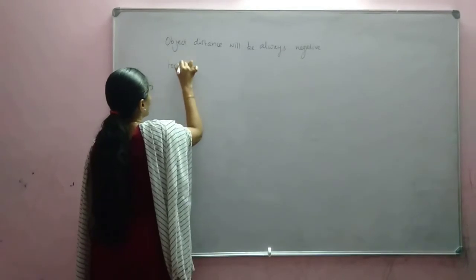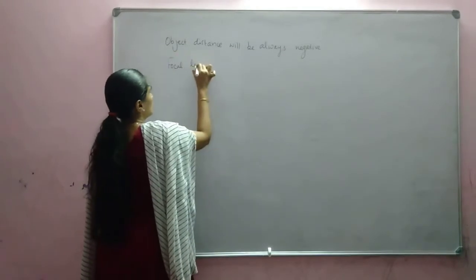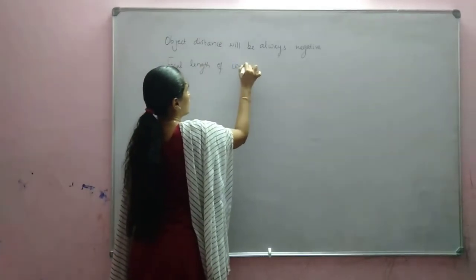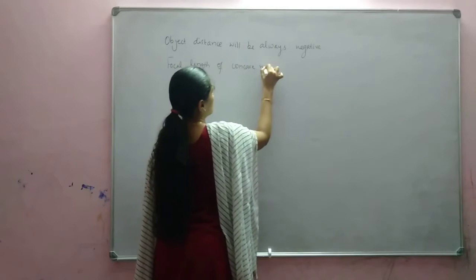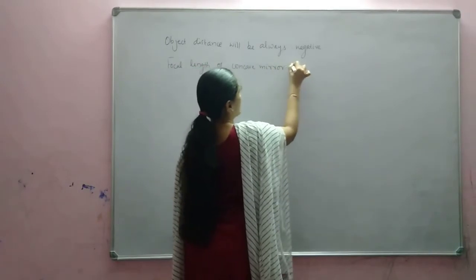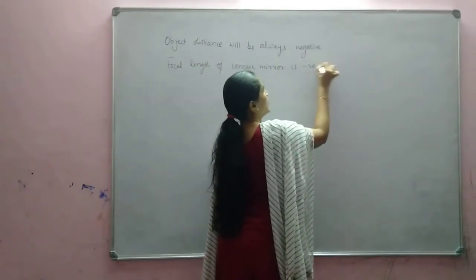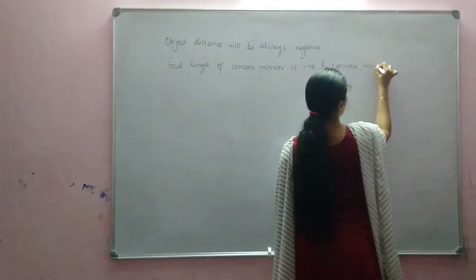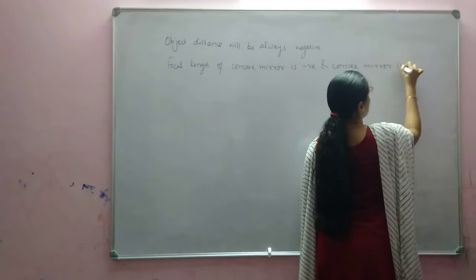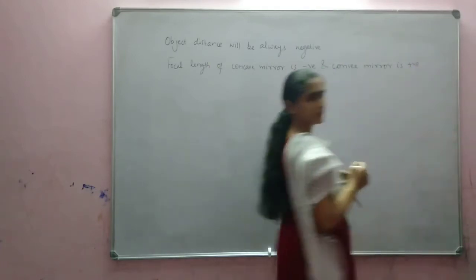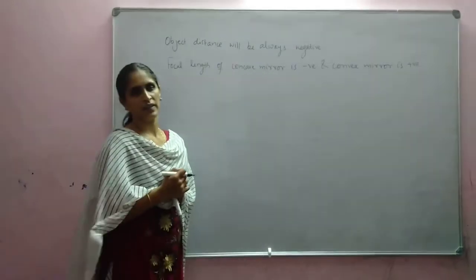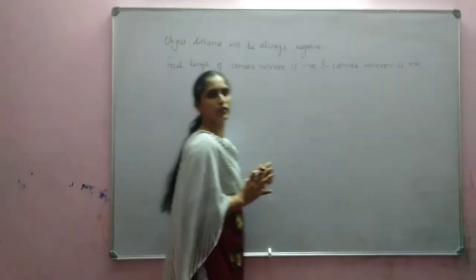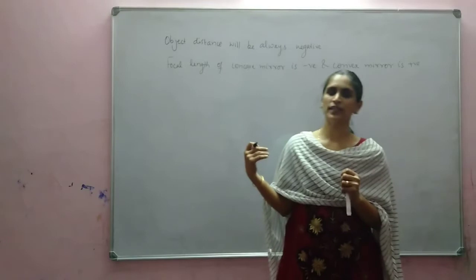Focal length of a concave mirror is negative and of a convex mirror is positive. The object distance will always be negative. Focal length of a concave mirror is negative and convex mirror is positive.